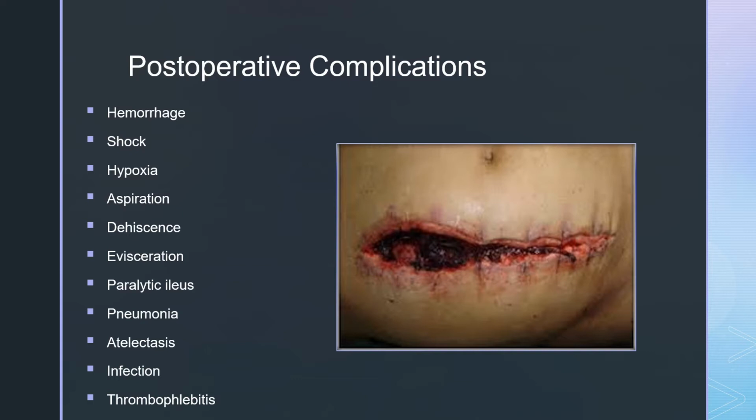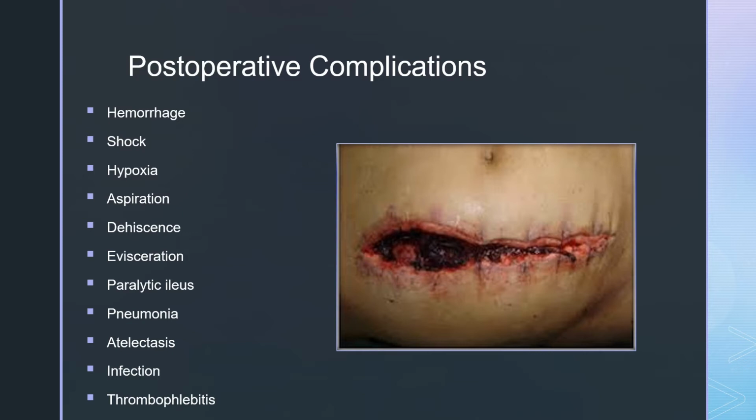And the last complication we're talking about is thrombophlebitis. This is inflammation of veins with the formation of blood clots, usually caused by long periods of immobility. These clients are going to be at an increased risk for pulmonary emboli, where the clot breaks off and travels to the lung.